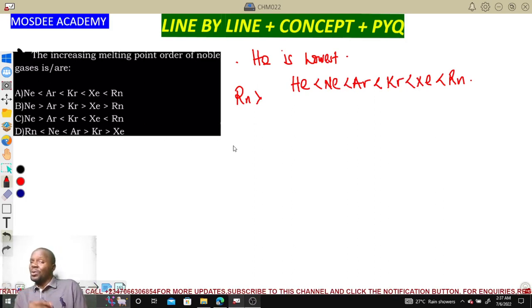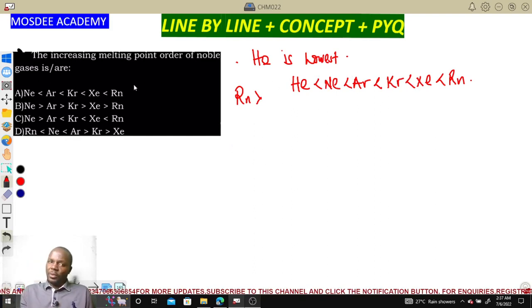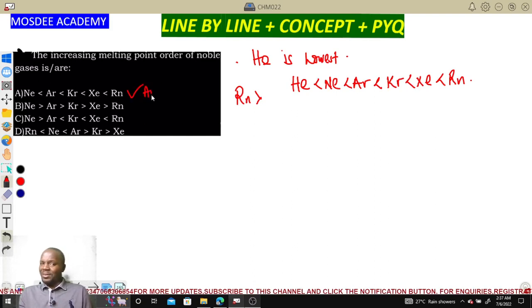You need to understand inequality. So if helium is the lowest, then you are doing it increasing. So helium is less than neon, is less than, that is what I'm trying to say. So you have to be careful about the aspect of inequality sign so that what you know in language form will not cause problem while picking this. So the next one.